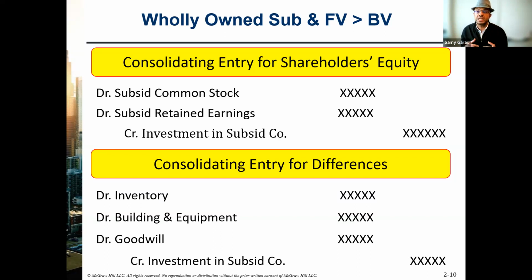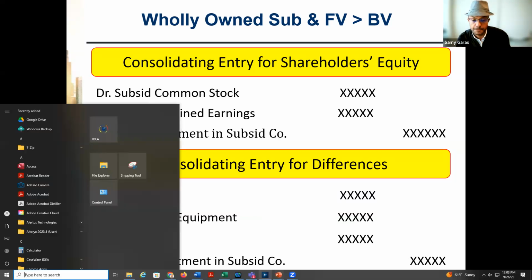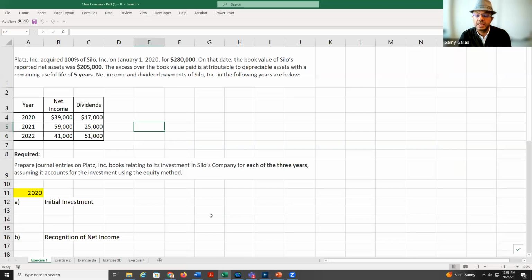So with this in mind, let us go to the 4 exercises that I prepared here. And here is the first one. A company purchased 100% of a subsidiary for $280,000 cash. So if I don't mention anything, it means the amount is in cash.